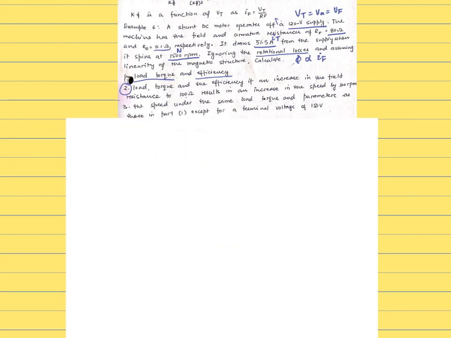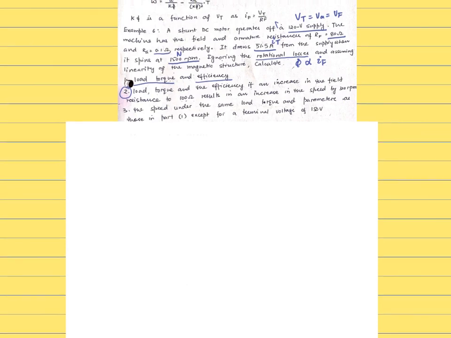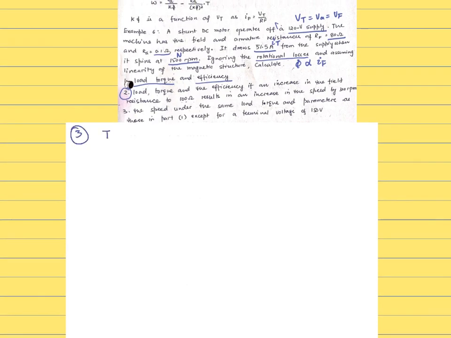Part 3 of the question, the speed under the same load torque and the parameters as those in part 1. Okay, first of all, what was the load torque in part 1? So we're solving for part 3. The torque was in part 1 calculated as 36.6 Newton meters. And it's also saying what other parameters it's talking about.